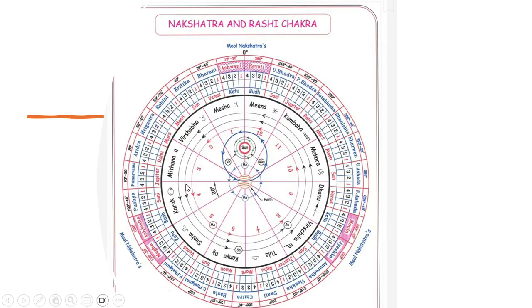Now let us try to understand this diagram. This is basically the zodiac only. It is moving like this, right? Here you can see the degree is written 13 degree 20 minute, and here it is written Ashwini. So this represents Ashwini nakshatra. And now 1 2 3 4 is also written. What are 1 2 3 4? Can anyone guess?